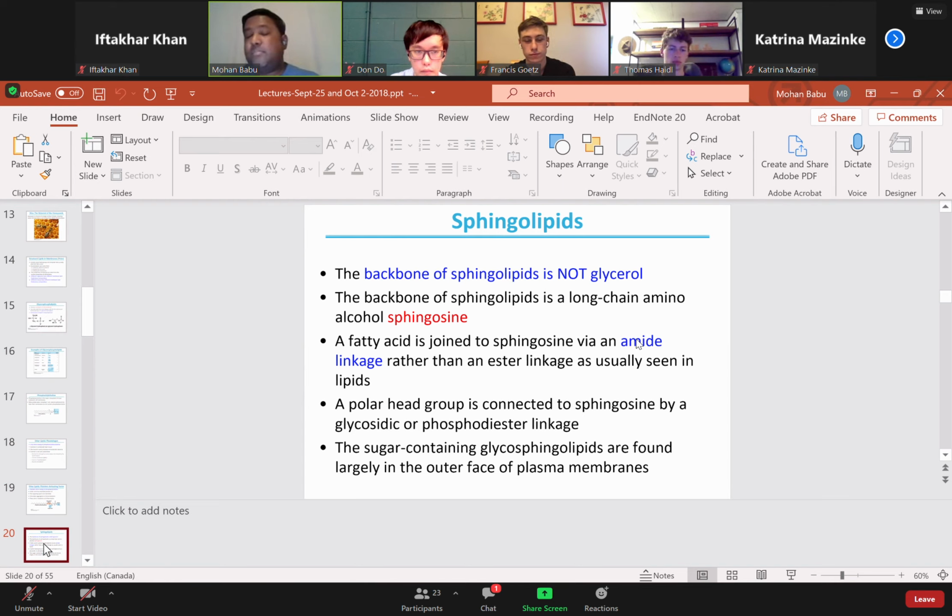These sphingolipids are mostly found in the outer face of the plasma membranes. Okay, they are very predominant. So here are some examples of the sphingolipids: you have sphingomyelin, ceramide, globoside and ganglioside.